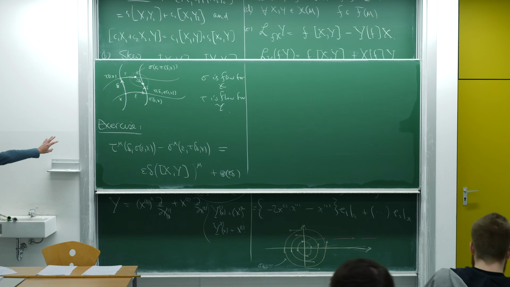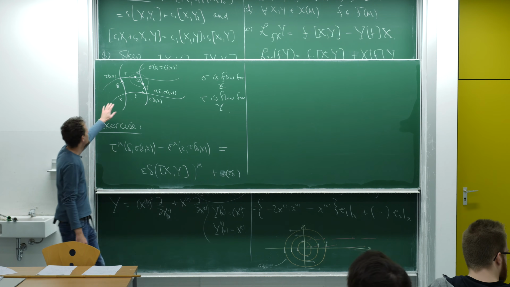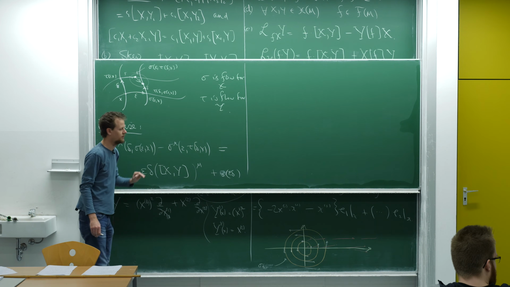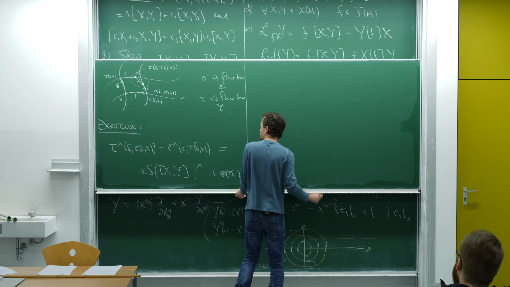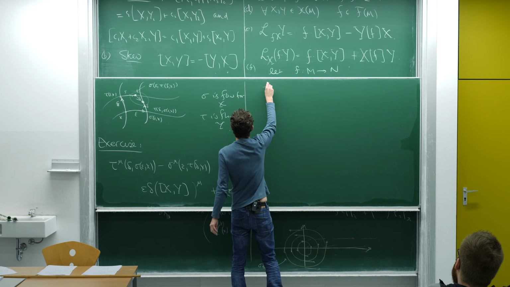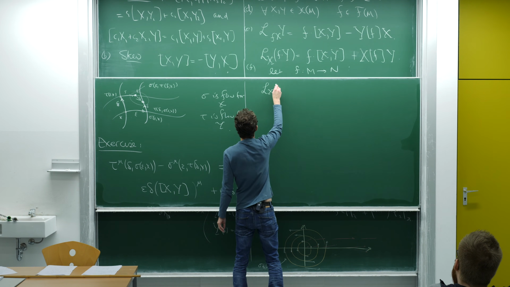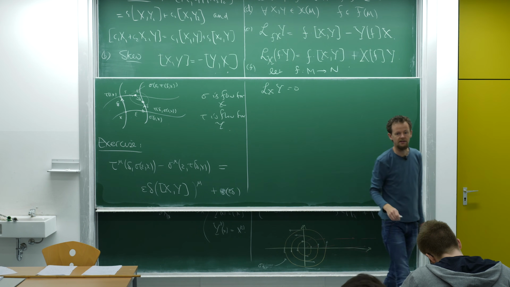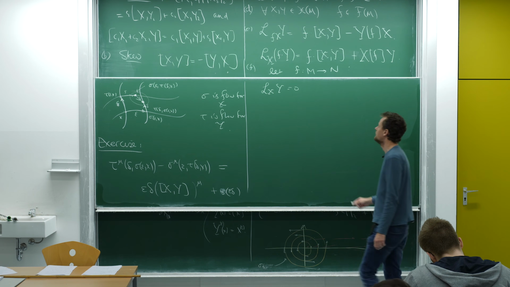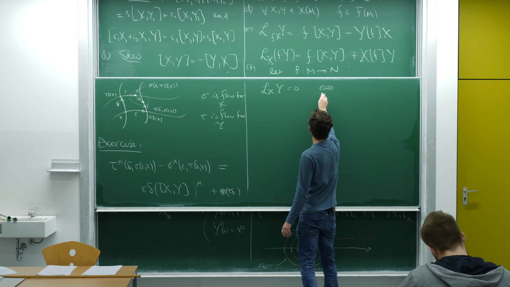Very interesting connection here between the flows and the Lie bracket. And this connection allows us to deduce something rather interesting. The Lie bracket, or the Lie derivative of y with respect to x, is 0 if and only if these flows commute.